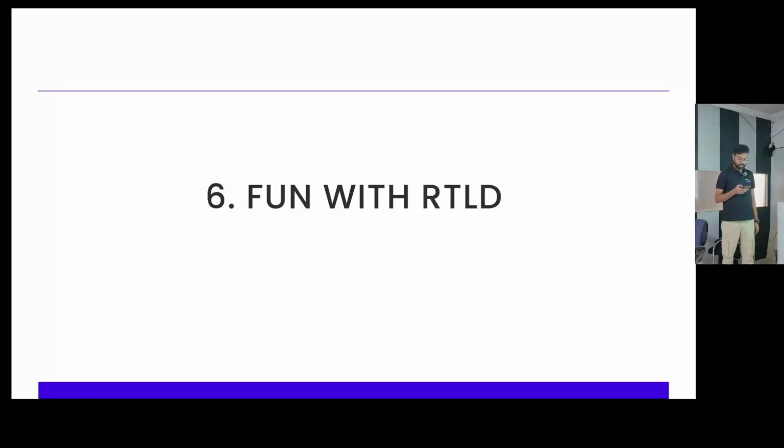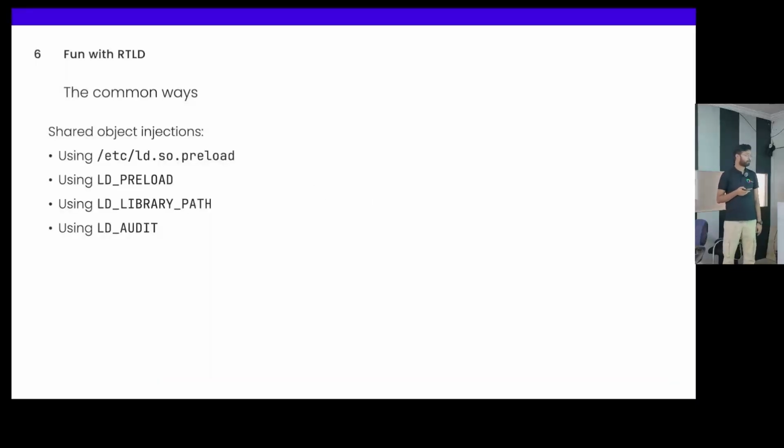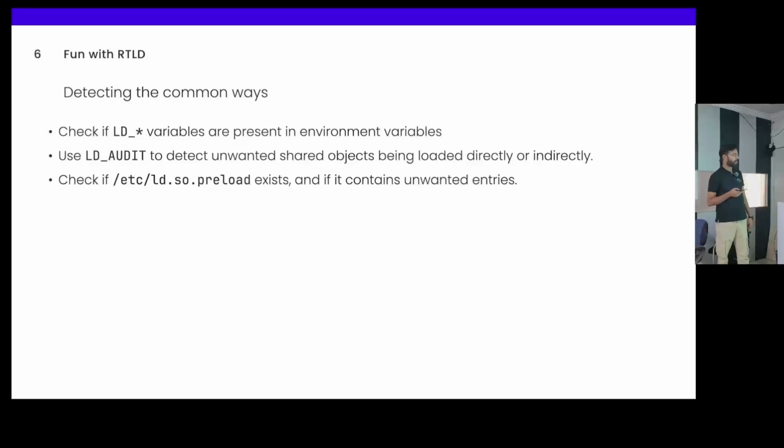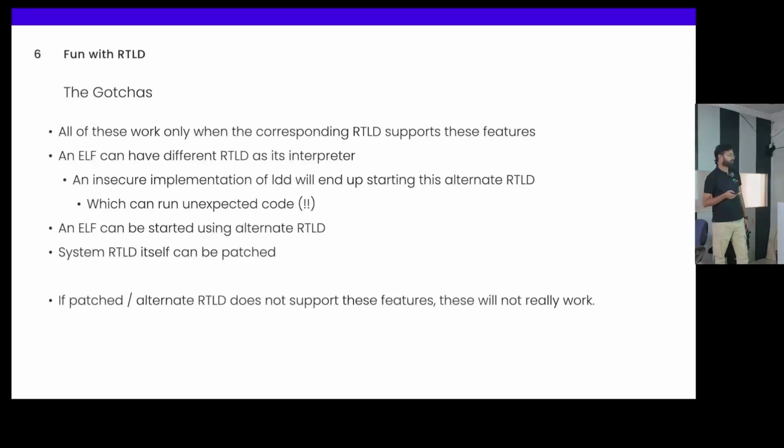Now we come to this RTLD part, and these are the common ways that you can do it, and the blue team will basically identify that this stuff is happening and it will not really be fun. So what we will do, we will modify the RTLD. The thing is that every ELF file can have its own RTLD.